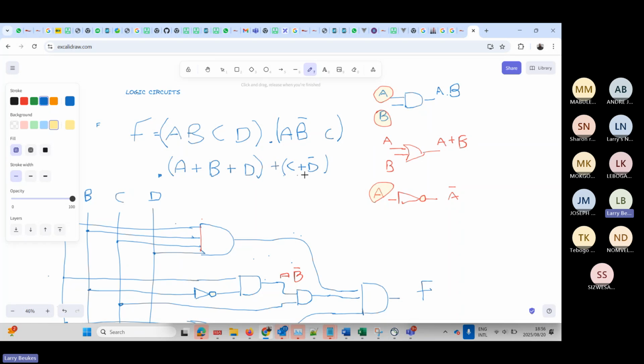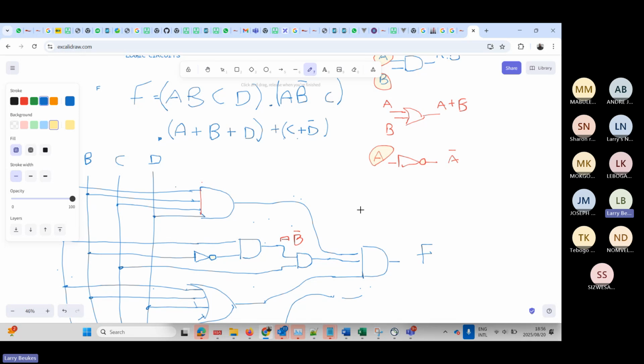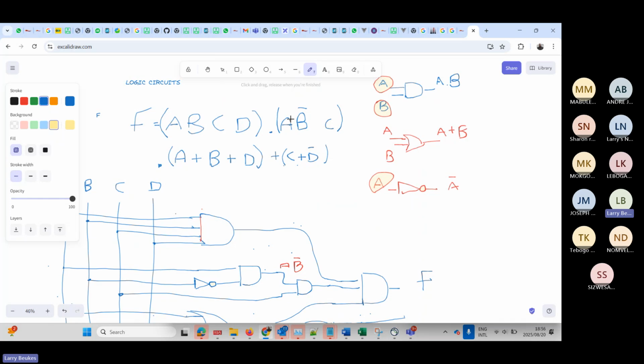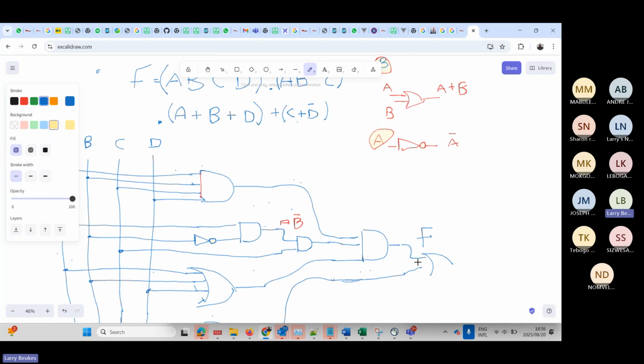Now you want to OR it with an A, for example. So now you take this output with this input. These 3 inputs now made one output here, into an OR gate. You understand? So the only thing is, if it was an AND here, we would use one AND gate. Because there's an OR, we use 2 gates.